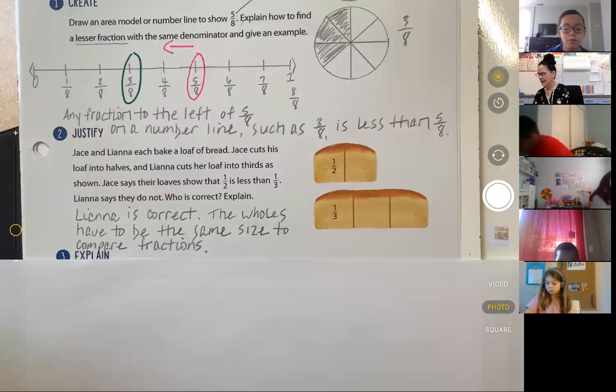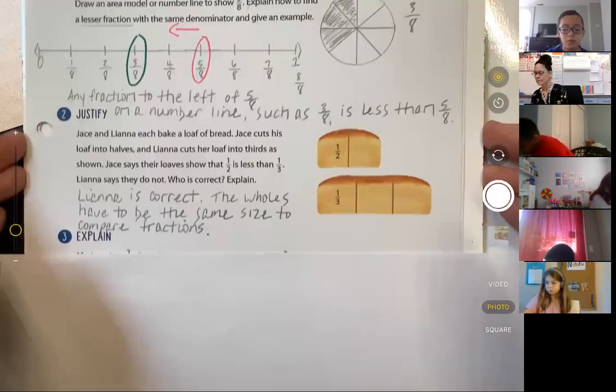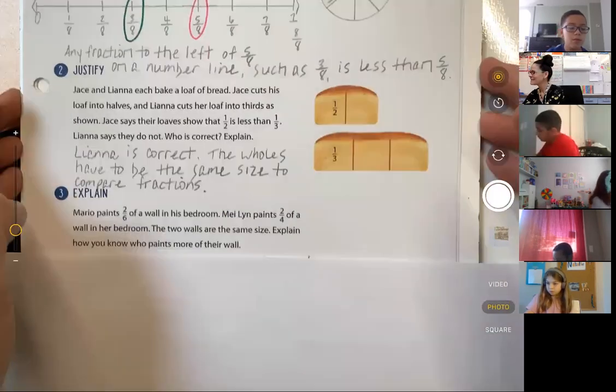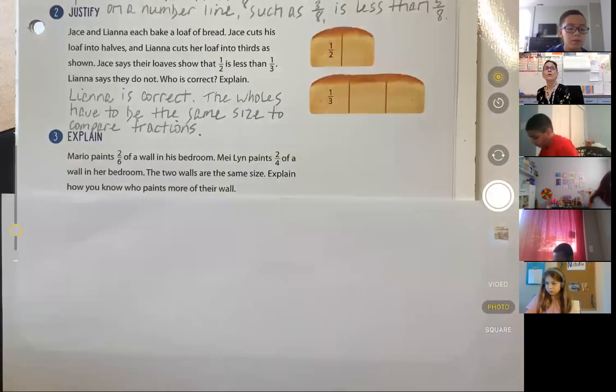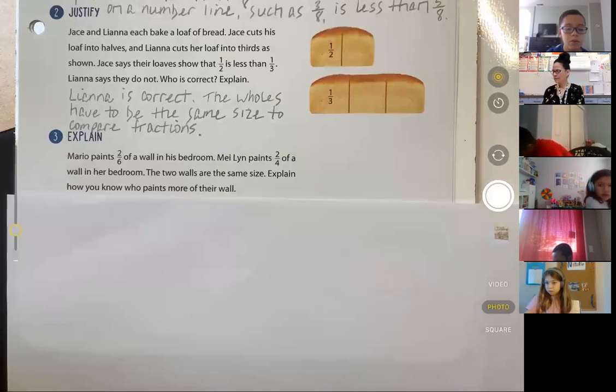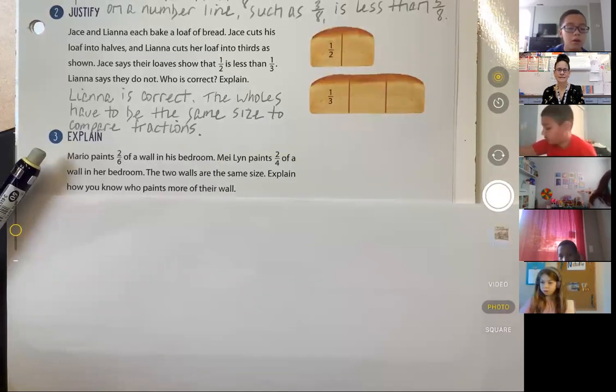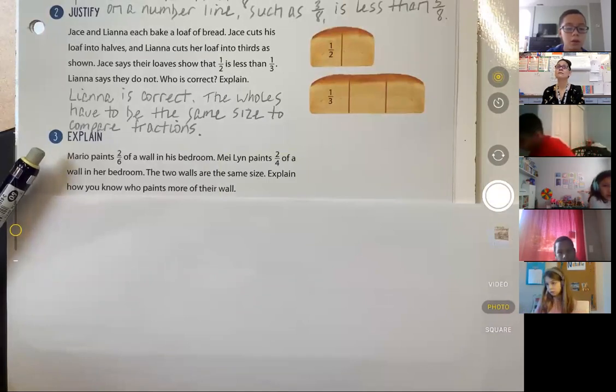All right, let's take a look at number 3. And it says we need to do some more explaining, right? So we're going to talk about Mario and Maylin. Here we go. Mario paints 2/6 of a wall in his bedroom.